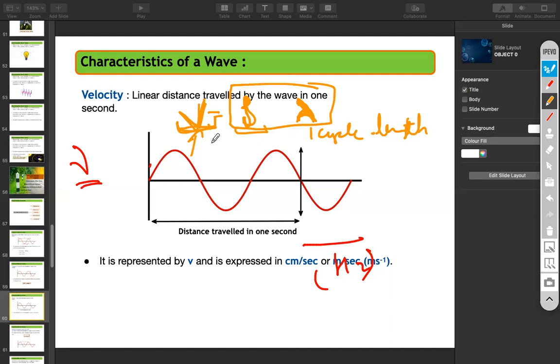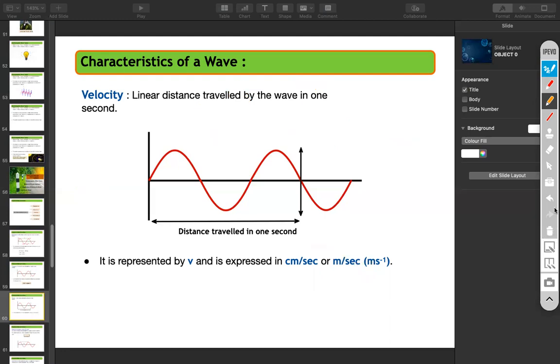Any doubt? So what is the new formula? Is it V equals nu lambda, or V equals F lambda? Got it? Any doubt? So velocity is represented by V and is expressed in meter per second.